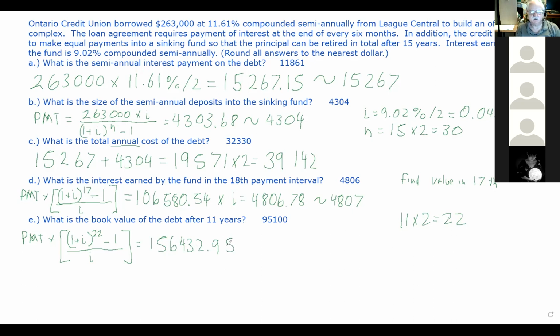And we'd have to take that away from the 263 to get the book value. 263,000 minus 156,433 basically. And I'm getting 106,567.